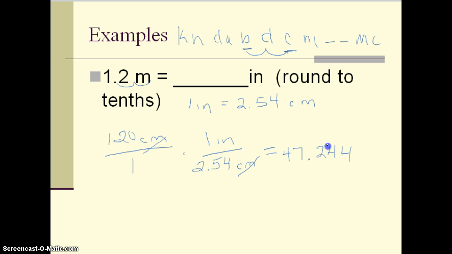Now I look at the directions for my problem and it says round to tenths, so here's my tenths place, and so I give my answer of 47.2 inches. So this two-step process, first we did a metric conversion using our metric line, and then we did a dimensional analysis problem using the conversion off of our pre-lecture notes.